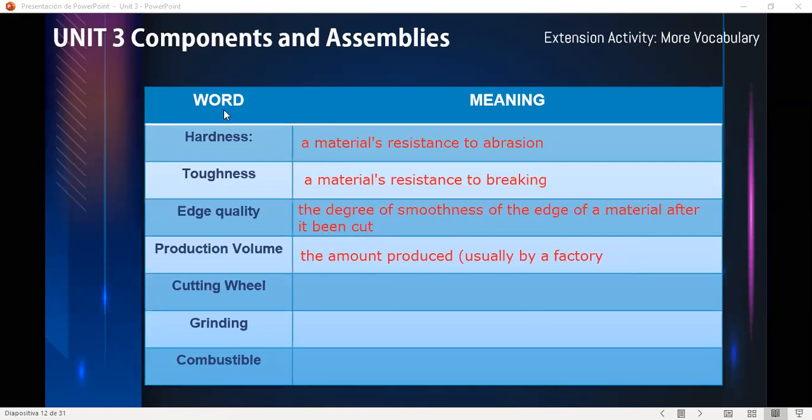Exactly. In this case, the production volume is known as the amount produced, usually by a factory. Exactly. The mass production.